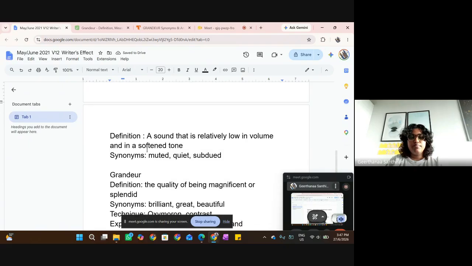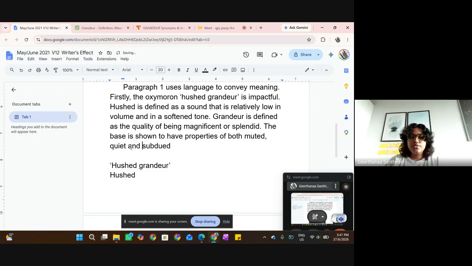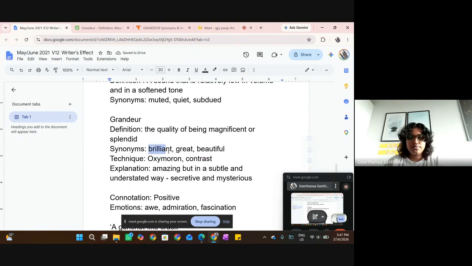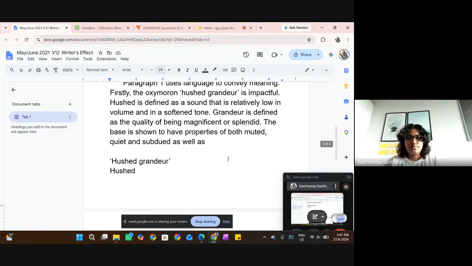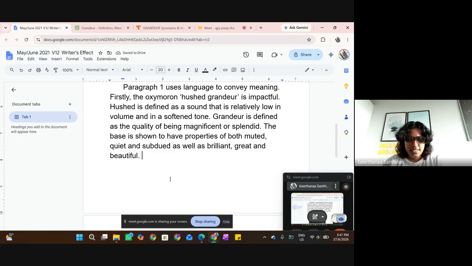So of being muted, quiet, and subdued, as well as brilliant, great, and beautiful. So I've put my synonyms this way. That's a lot of conjunctions, but it's okay. As long as it's understandable, right? Okay.